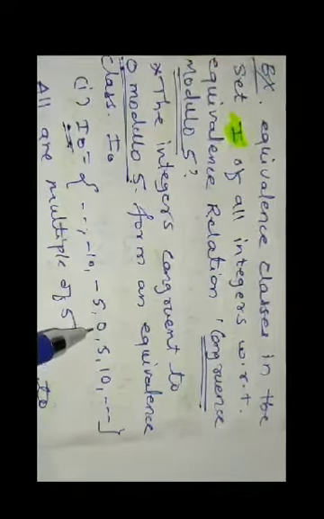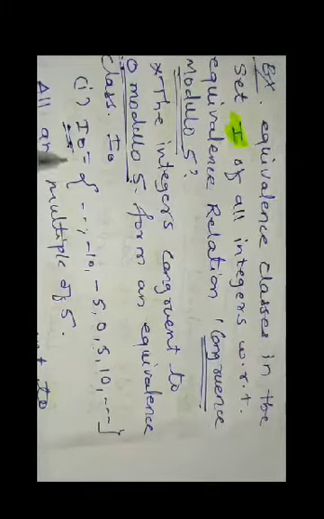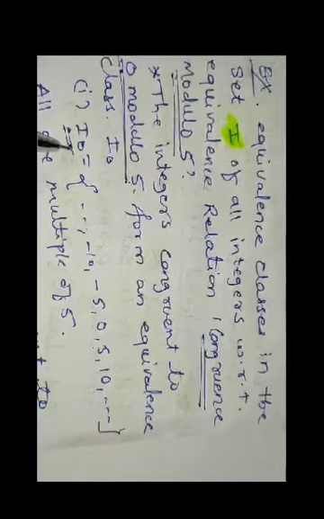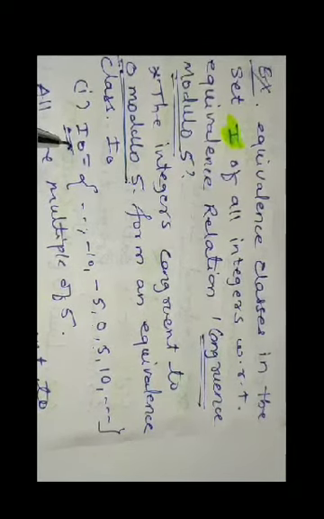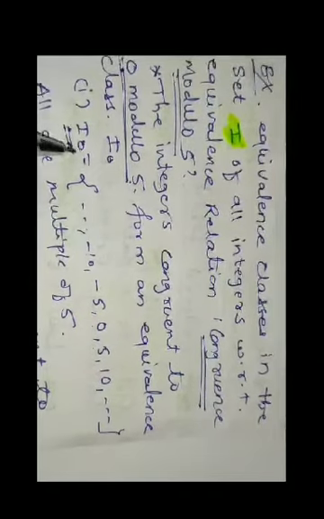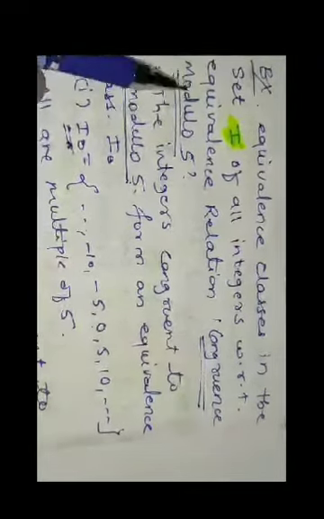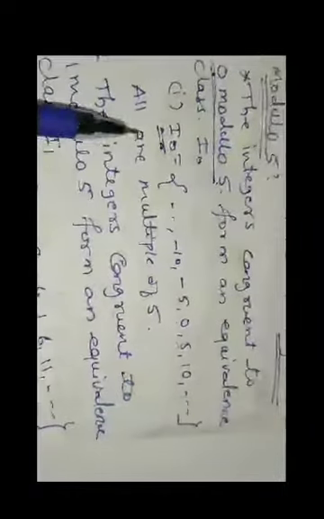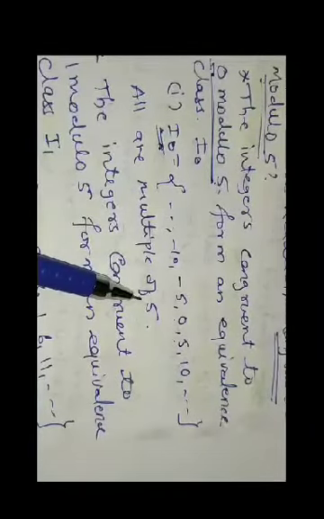Multiples of 5: 0, 5, 10, minus 5, minus 10, all these numbers are included in I0. So I0 is an equivalence class with respect to the relation congruence modulo 5. All are multiples of 5.